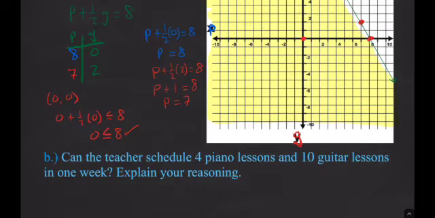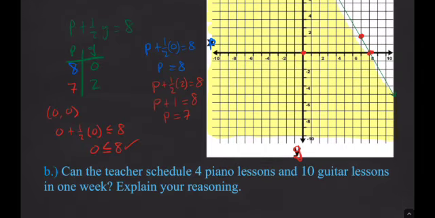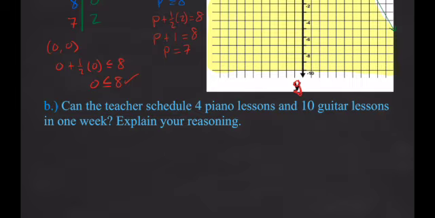Also, we could plug it in. So this one, he would not be able to teach 4 piano lessons and 10 guitar lessons because he'd be having to work too many hours for his allotted time. Let's also plug it in. So this would be 4 plus 1 over 2 times 10, and then we're going to compare that to the 8.